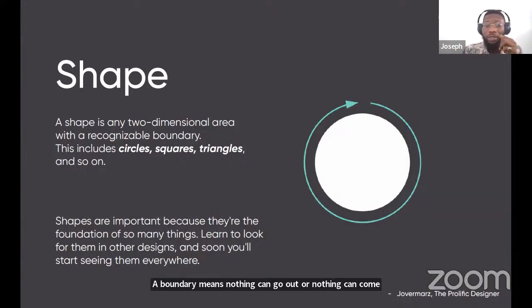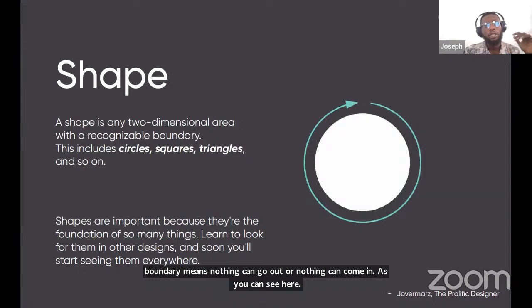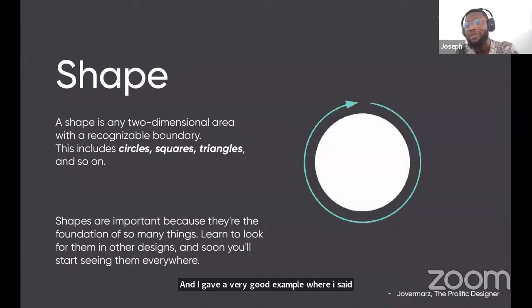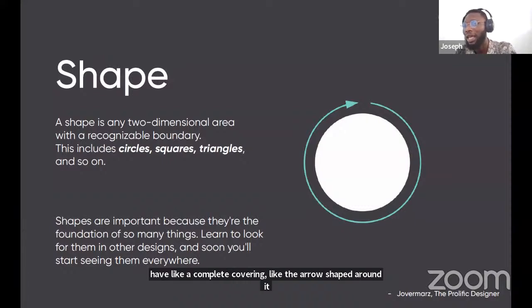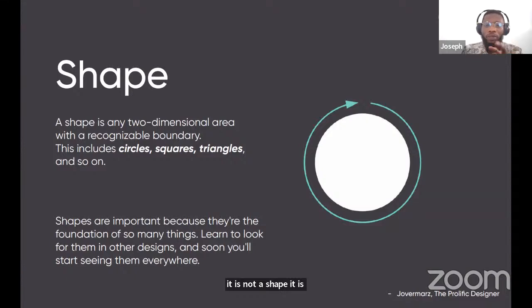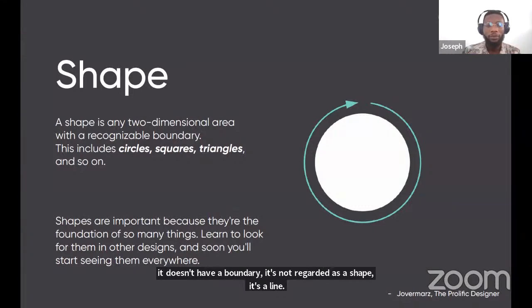And I gave a very good example where I said, if this circle you see on the screen doesn't have a complete covering, like the arrow shaped around it, it is not a shape. It is a line. Do you get it? Once it doesn't have a boundary, it's not regarded as a shape, it's a line. Because the shape covers the entire space, right?